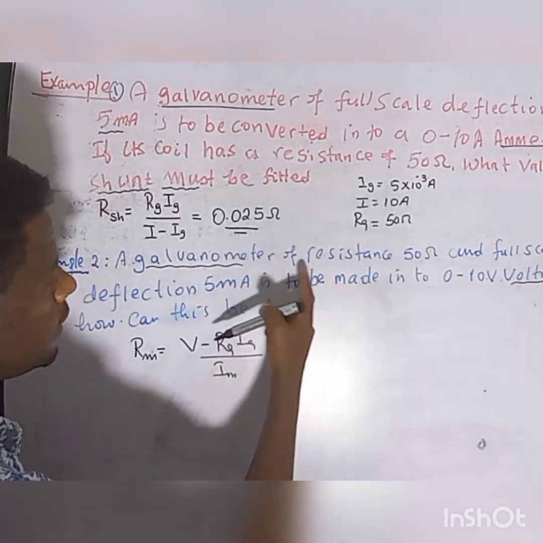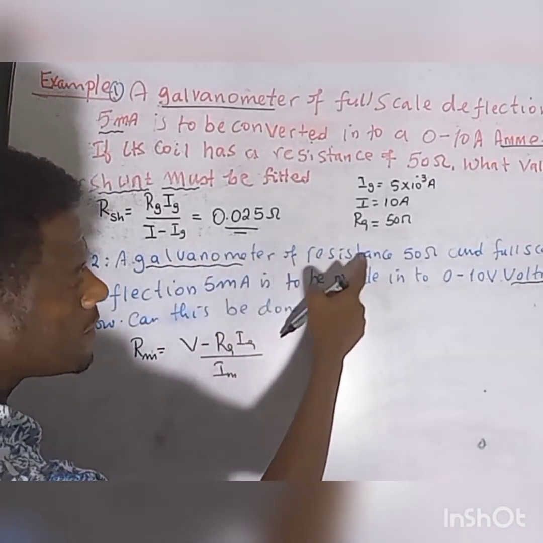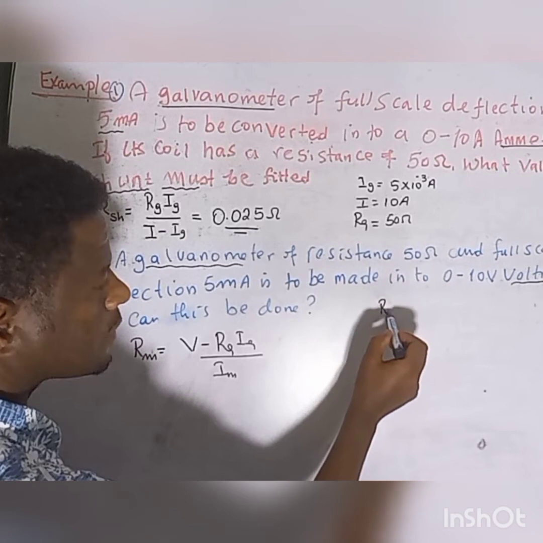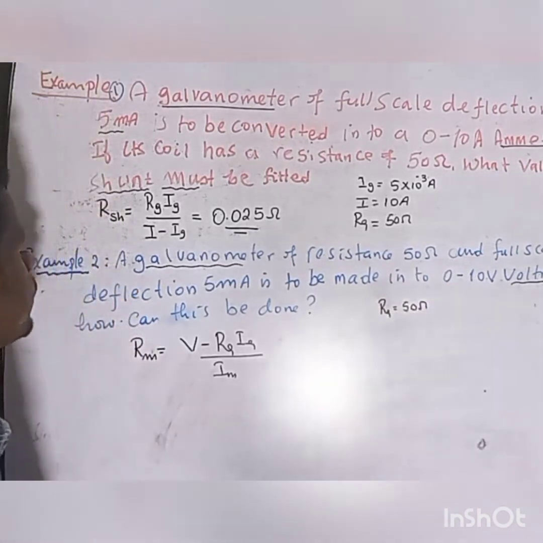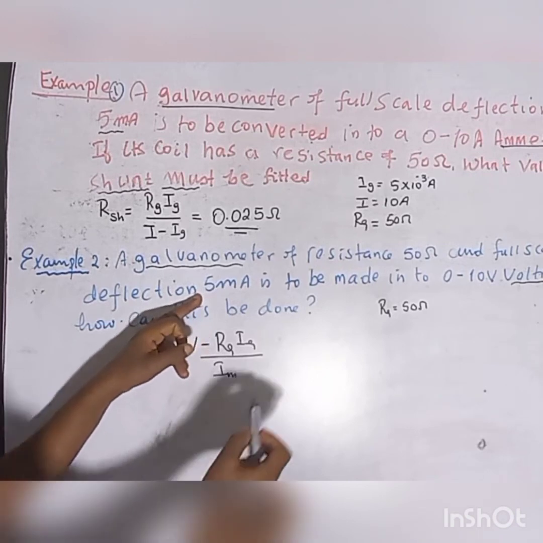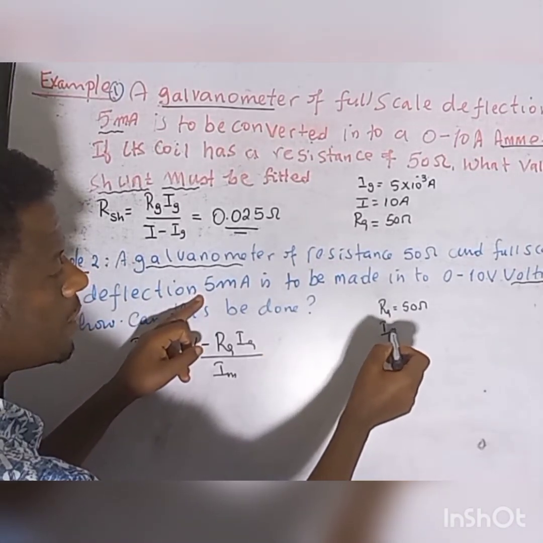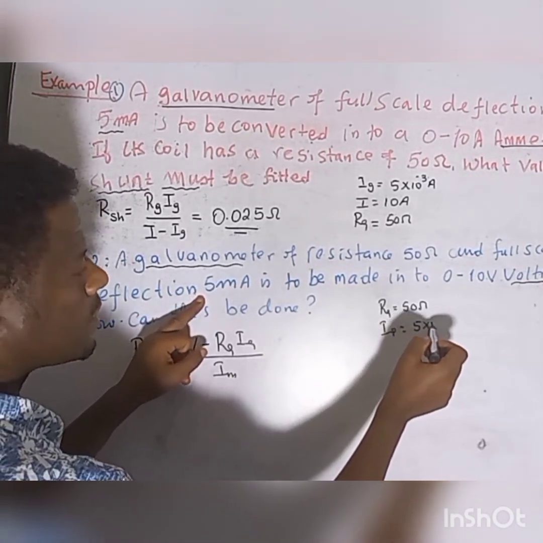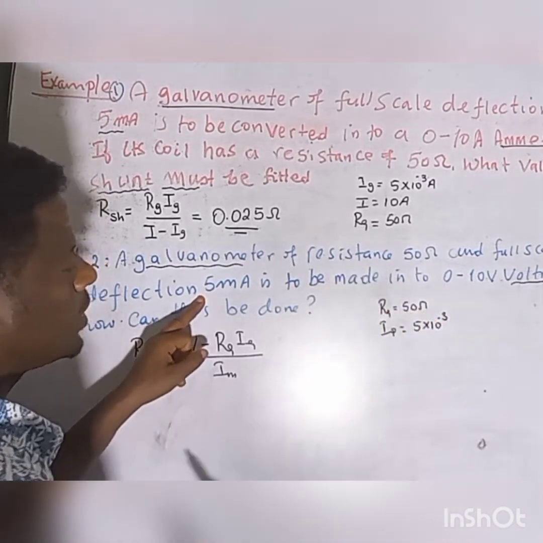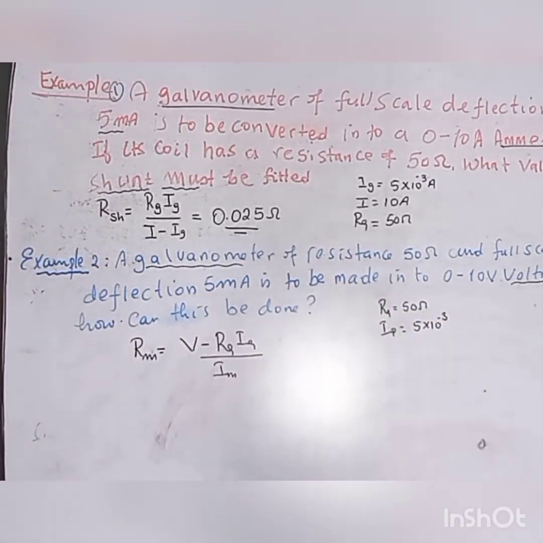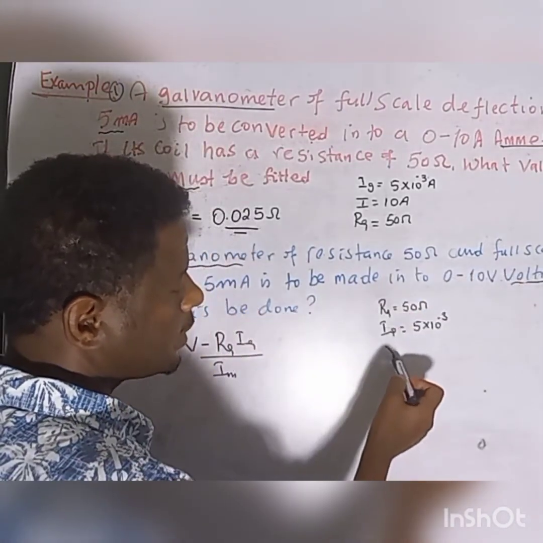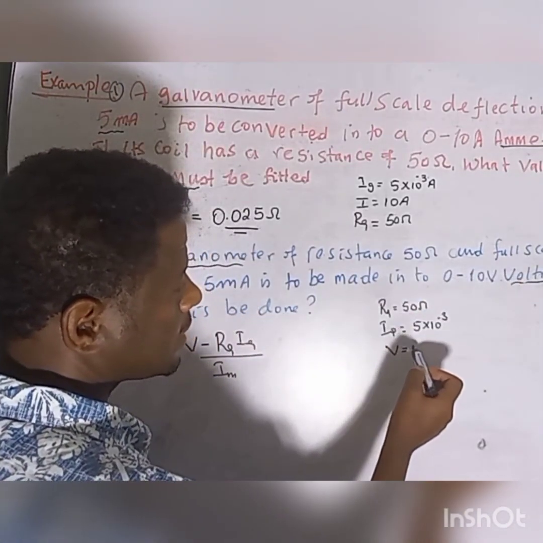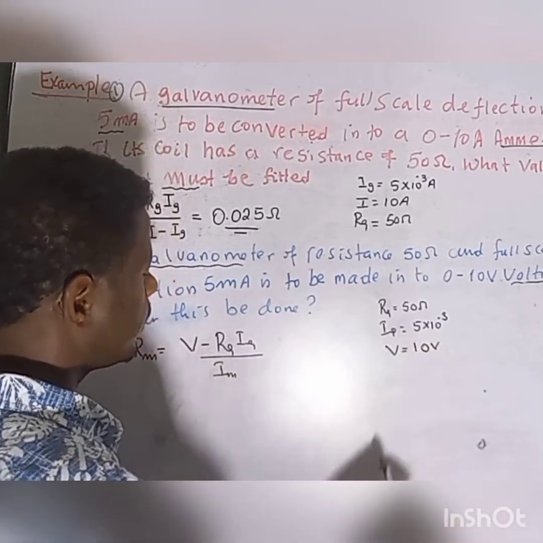Now, given a galvanometer with resistance RG equal to 50 ohm and full scale deflection current through the galvanometer equal to 5 times 10 to the power of minus 3, to be made into a 0 to 10 volt voltmeter, maximum reading 10 volt.